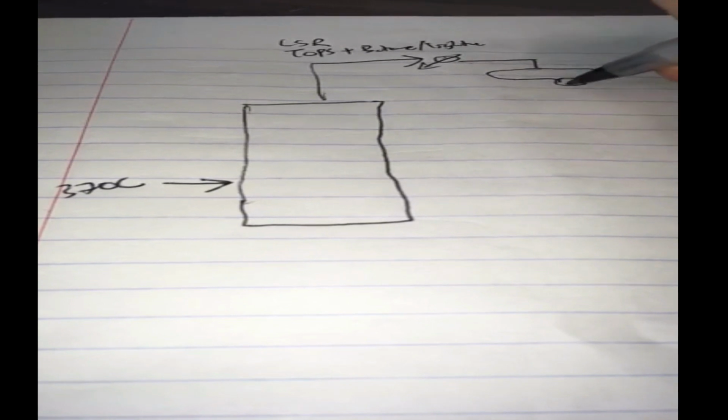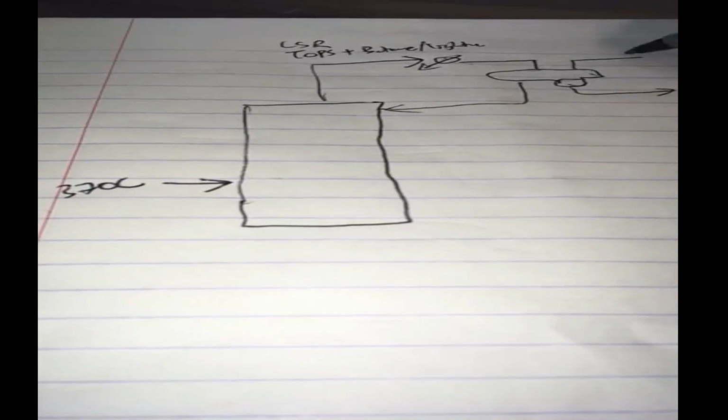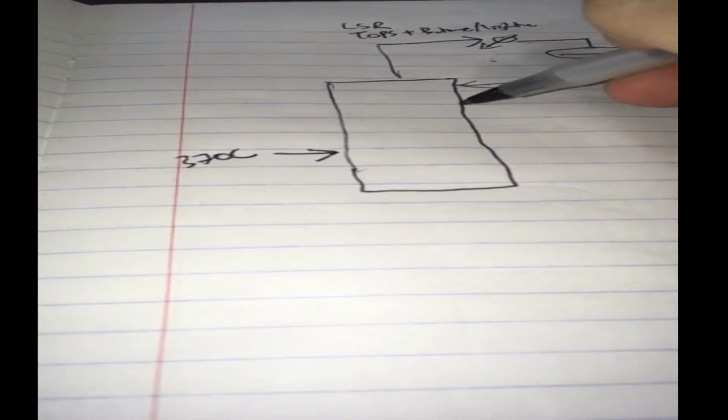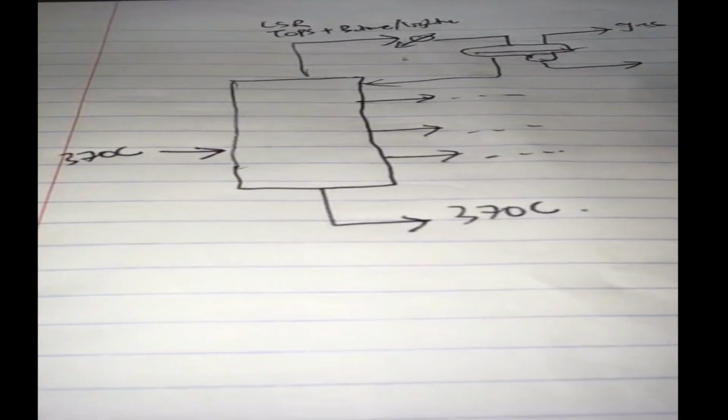So I'm going to draw everything out again, so that this is water, and there'll be some gas coming out. There'll be a gas layer, an oil layer, and a water layer. All right. So the side strippers here again. So the residual will be at 370 degrees.